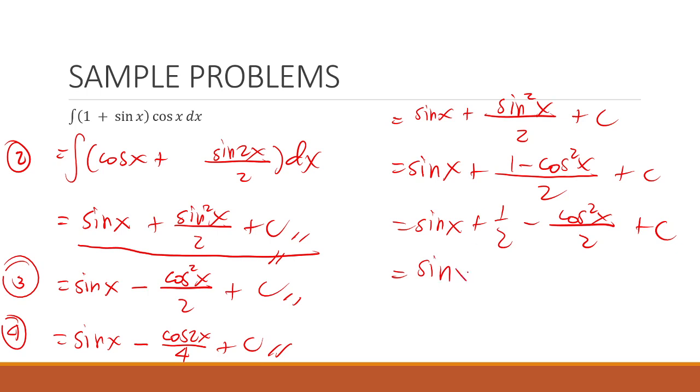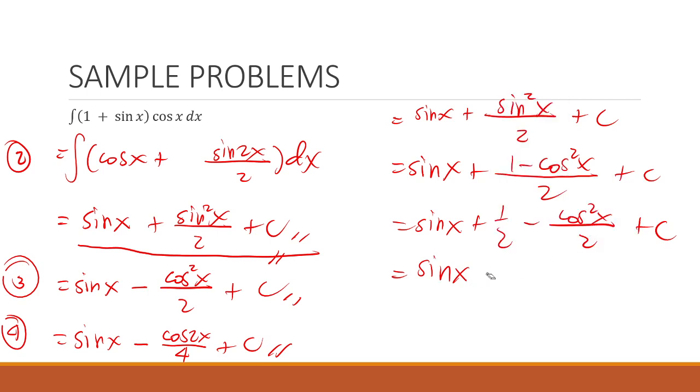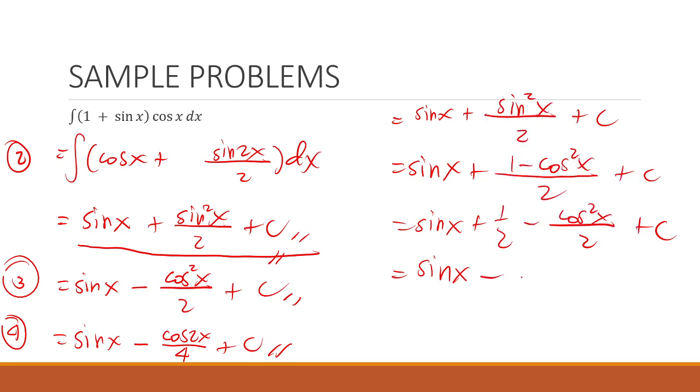So maging sine x na lang minus cosine squared x over 2 plus c. Tama ba? Which is similar to this one. Equivalent to this one. Sine x minus cosine squared x over 2 plus c. Okay? So, okay na ang third. Let's try naman itong fourth.